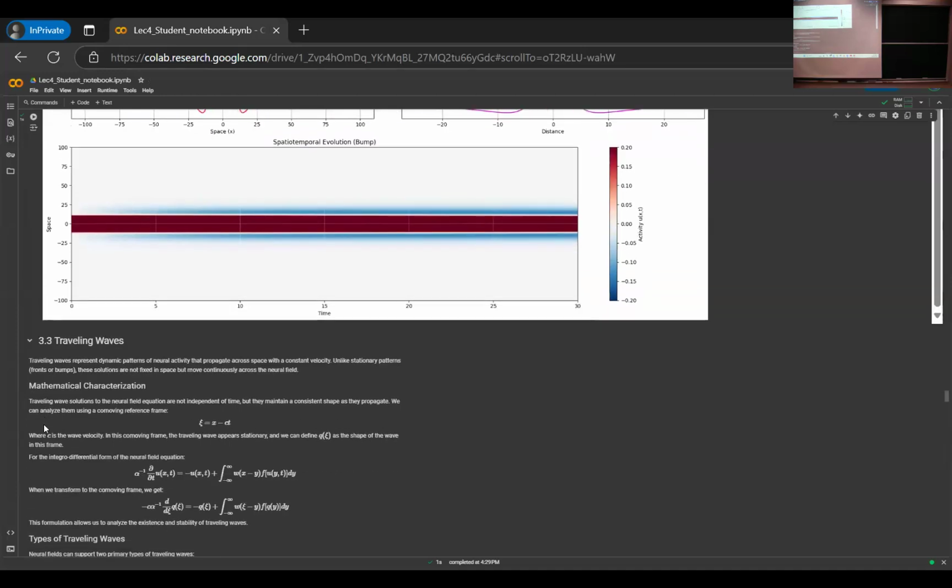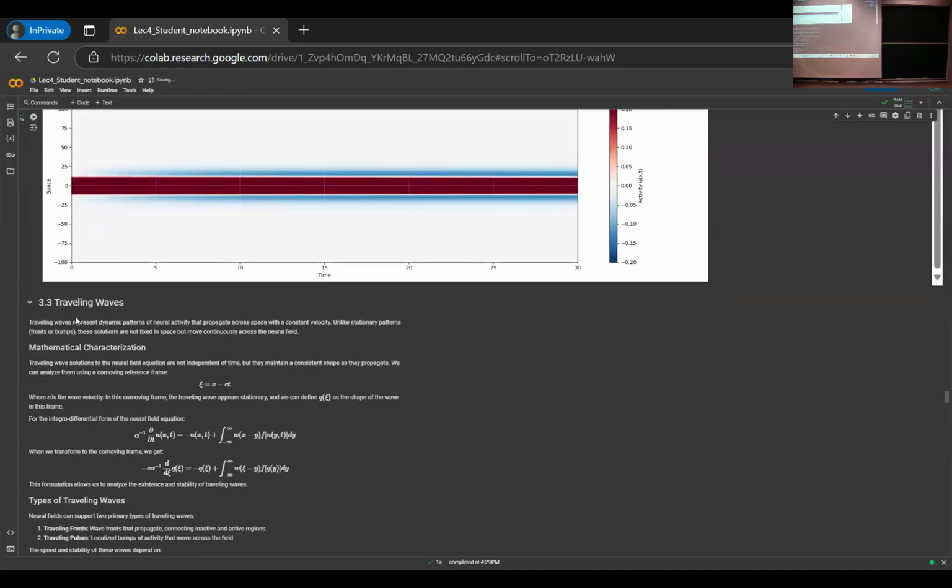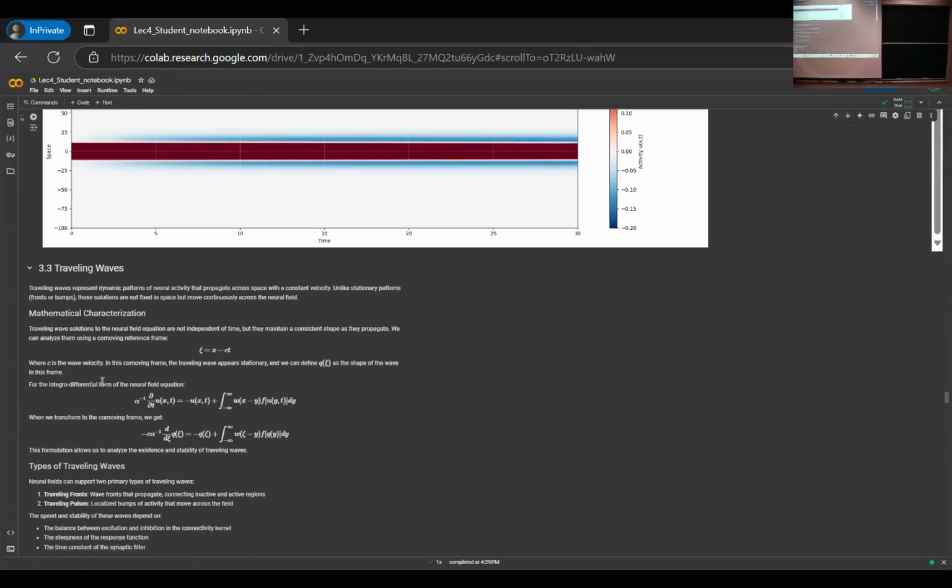And lastly, another stable pattern, quote unquote, that we can get is a traveling wave. Now, the traveling wave wouldn't be stable because it's traveling, it's moving, but we can apply a trick to use the same principles as the stable wave, which is essentially to also have a moving reference frame.